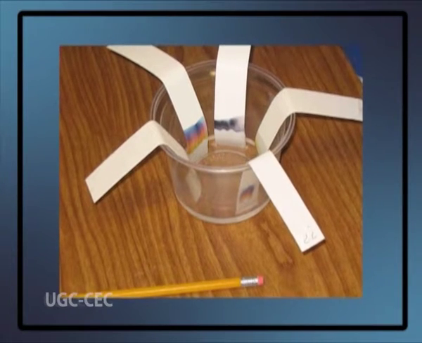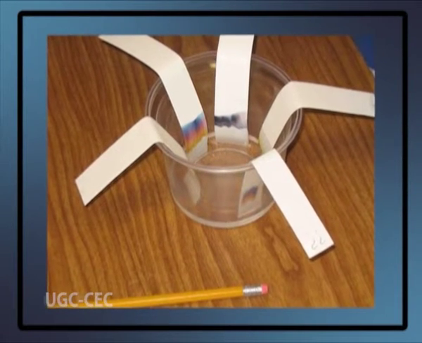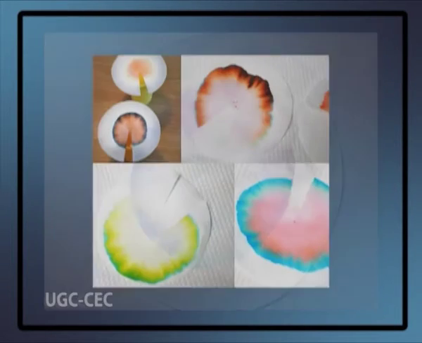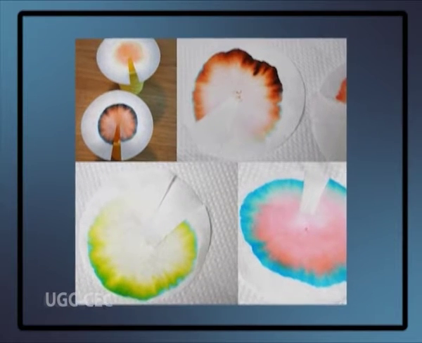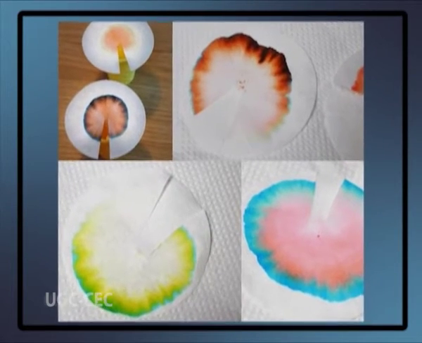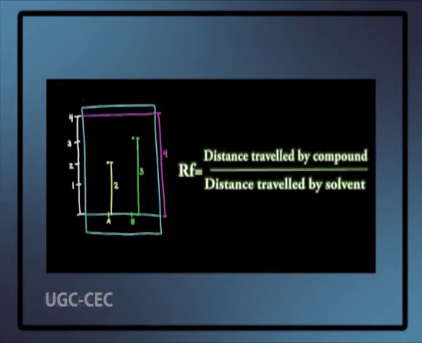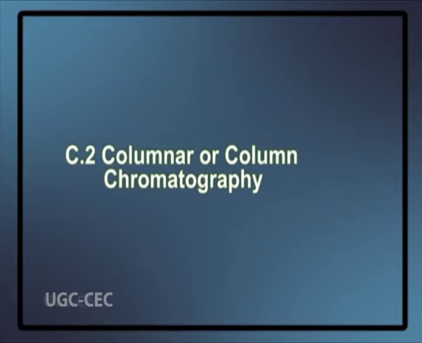Every component that is separated will move at a different velocity. At the end of the process, components that are separated will emerge at different distances on the filter paper. RF values are used for identification of each component. The retention factor or RF is defined as the distance traveled by the compound divided by the distance traveled by the solvent.